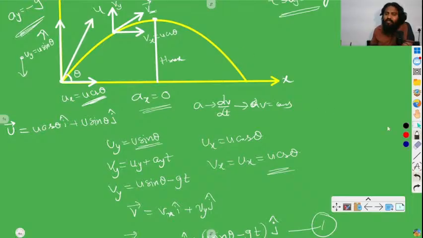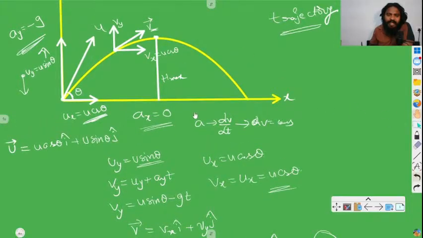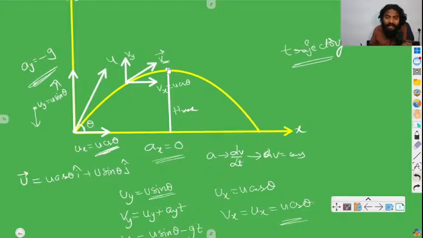And one more important point is, at the maximum height of the projectile, vy is equal to 0. At this point vy is equal to 0, but at the maximum height the horizontal component is the same as the initial one.